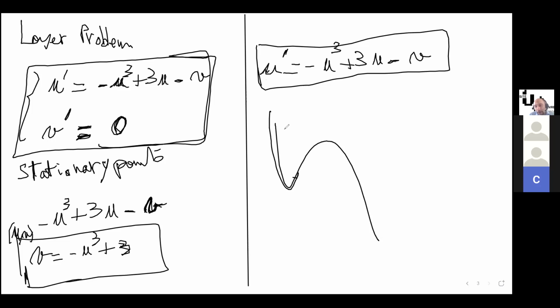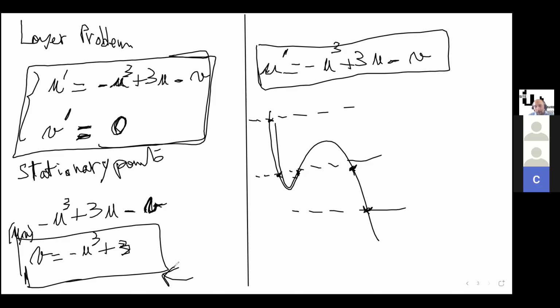For a given V, I have either only one U which satisfies this equation, or 3. So for a given V, I have 1 or 3 corresponding U in this set.